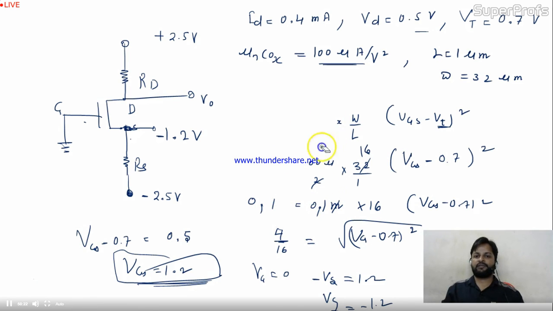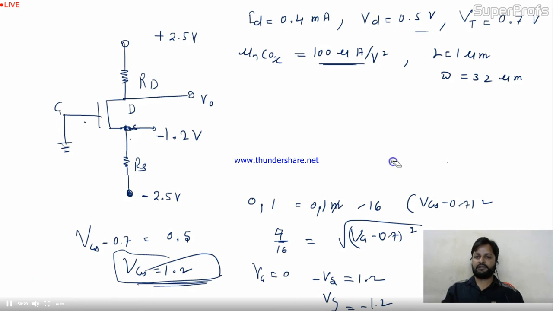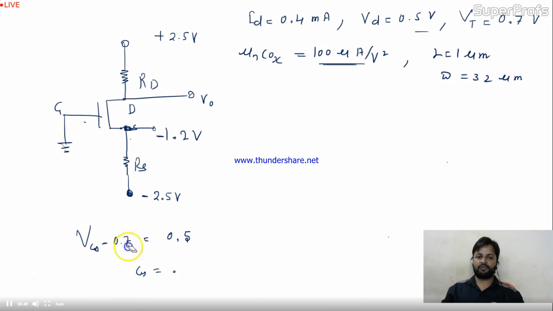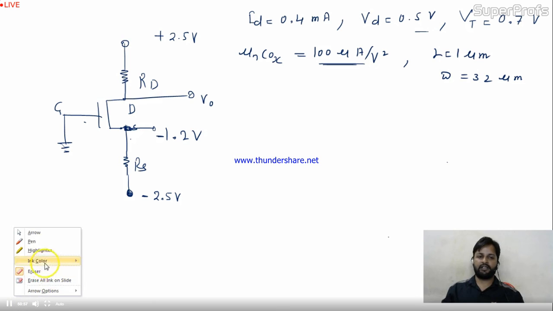For saturation, what is the formula for current? It's mu n COX W by 2L into VGS minus VT whole square. How do we check whether it's working in the saturation or linear region? The condition is VDS should be greater than or equal to VGS minus VT. So your VS came as minus 1.2. Now they're asking for RS and RD. Do you have the current? Yes.